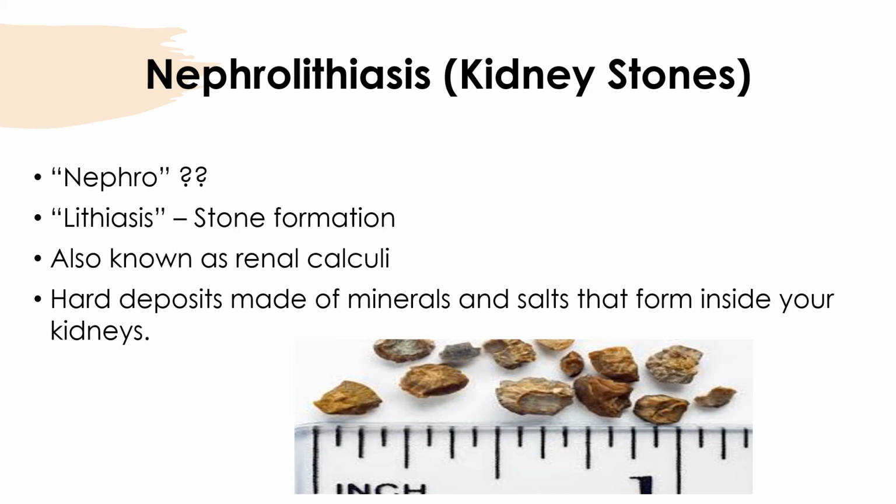So risk for developing stones definitely increases with age. There's a higher incidence in patients with a family history of stone formation. Recurrence: once someone has had a stone, about 50% of patients have recurrence of kidney stones.